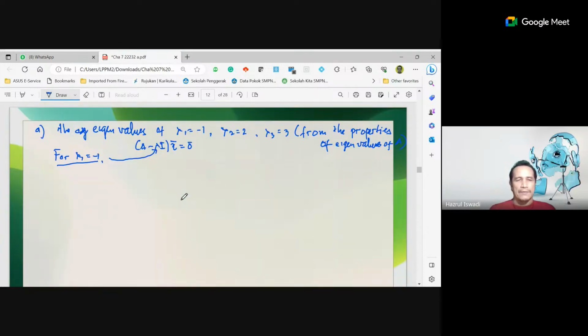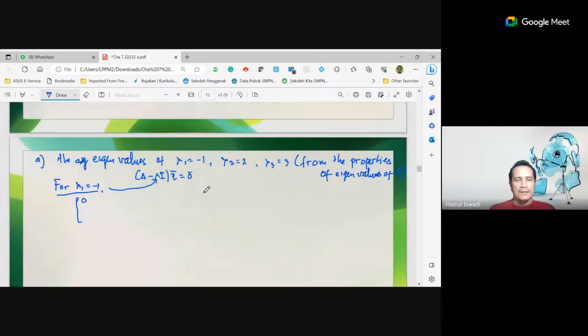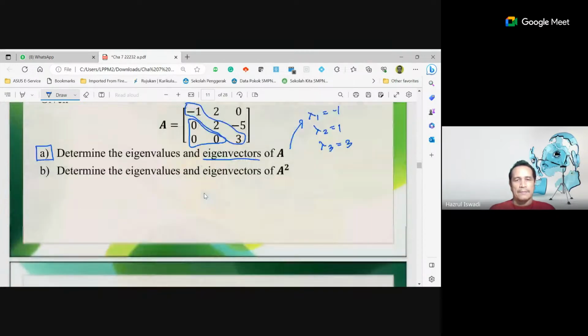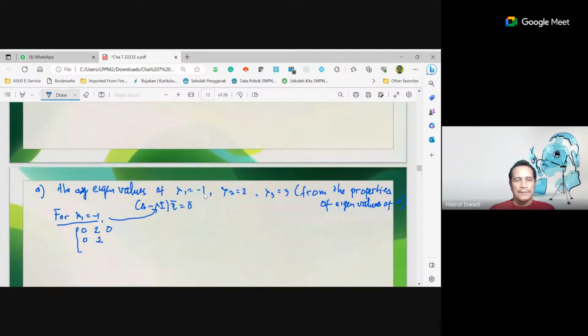So we have that the equation will be 0 here, minus 1 plus 1, 2, 2, 0, 0, this is 2, and minus 5, minus 5, minus 5, then 0, 0, this is 4, yeah, 3 times 1, and multiplied by x1, x2, x3, and this is 0, 0, 0.